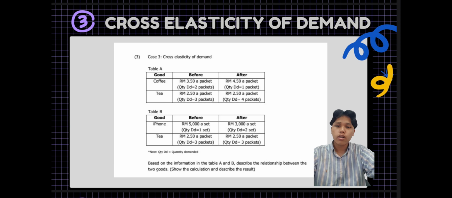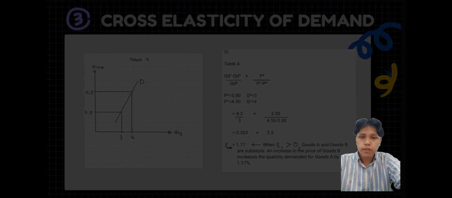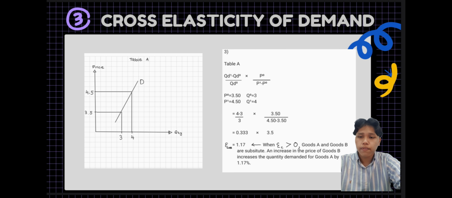Case 3, cross elasticity of demand. As we can see here, we have two tables, table A and table B. Based on the information in tables A and B, describe the relationship between the two goods. Show the calculation and describe the result. As we can see, based on the graph, the price of the product increased from 3.5 to 4.5, while the quantity also increased from 3 to 4.